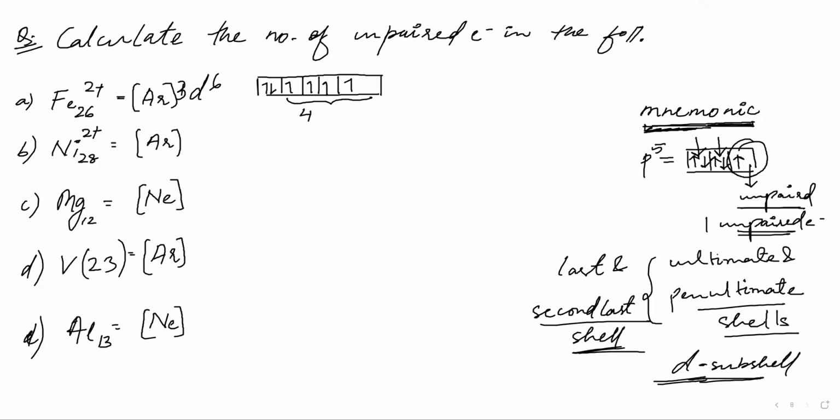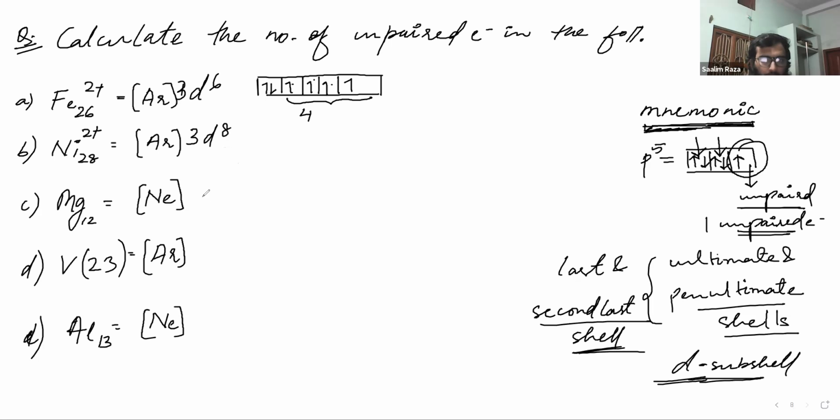So in the second one, we will have 2 unpaired. Yes, right. This will be 3d8, right? Yes, sir. And then, sir, again 2 unpaired.